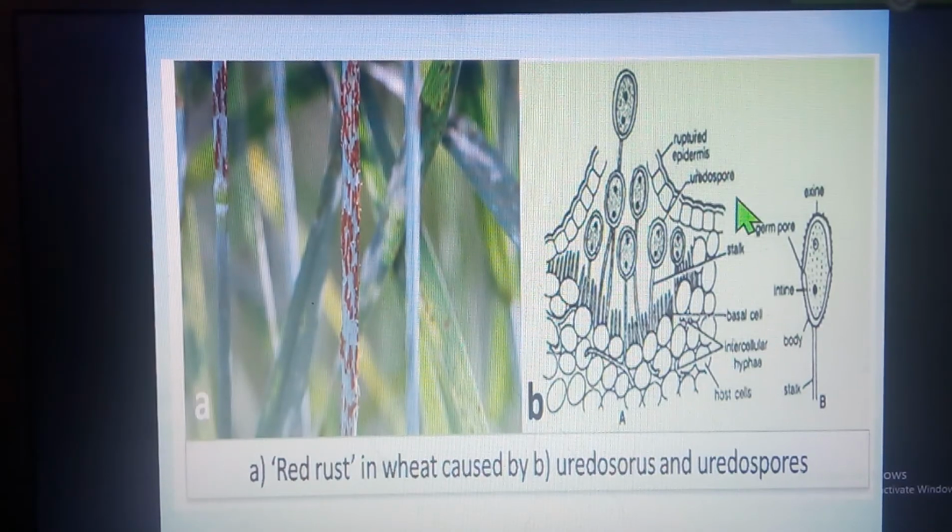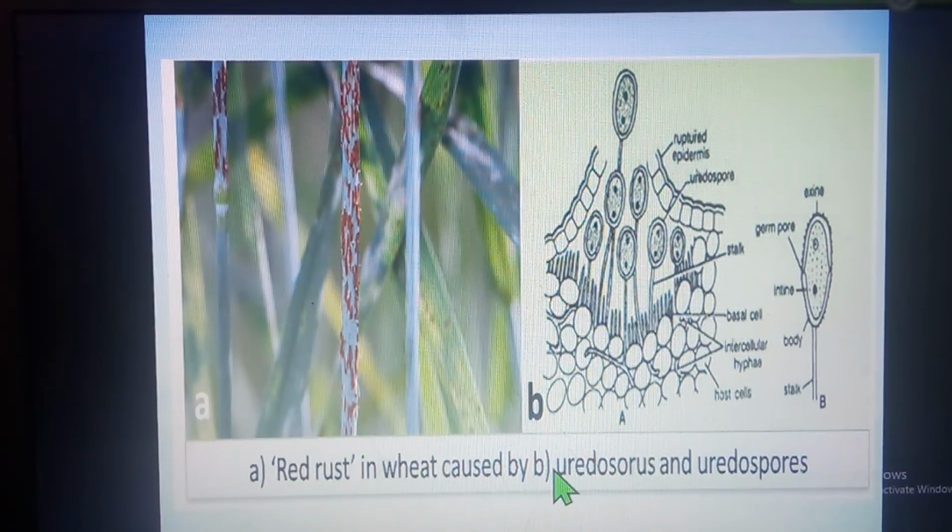But what happened at the end of the season, at the end of the wheat season? What will happen to the uredospores at the end of the wheat season? Actually, these uredosori, which produce uredospore, will start to produce another type of spore, that is the teliospore, along with uredospore. So at that time, this uredosorus is known as a mixsorus.